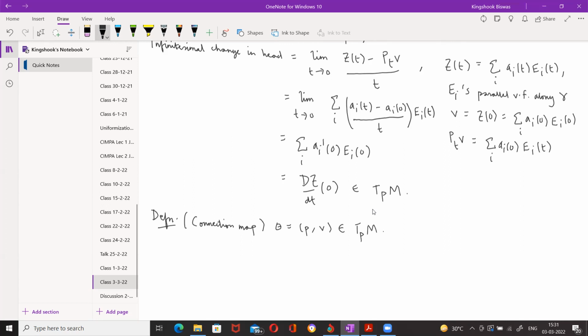Then the connection map K_theta will go from T_theta TM to T_pM. This is defined as follows.